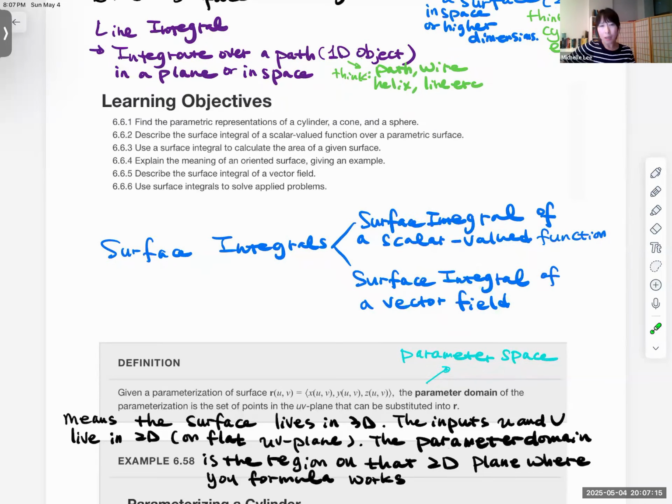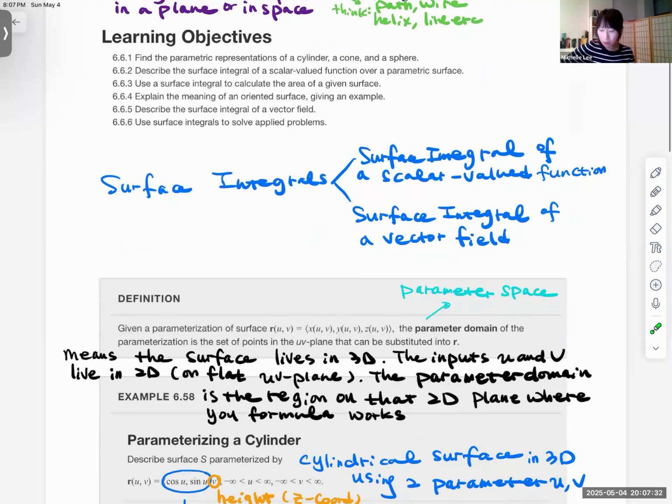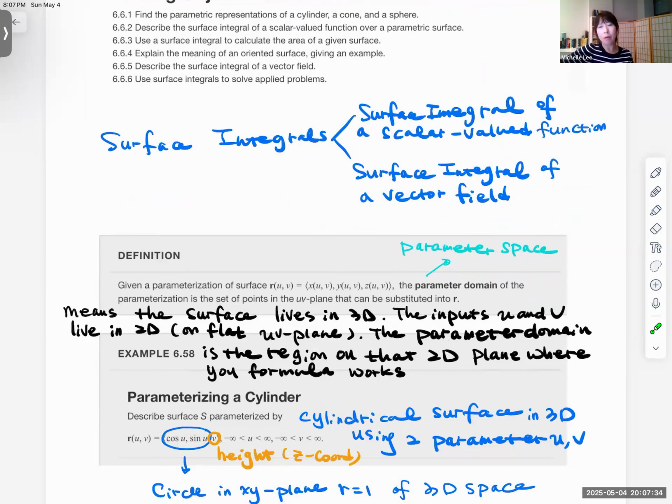When we learned about line integrals, we parameterized the path. We do that here too, so we are making a parameterization. Let's take a look at the definition.